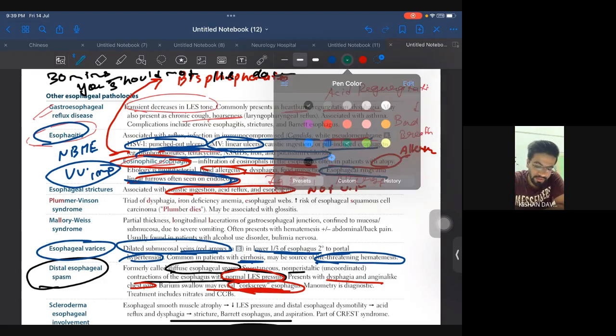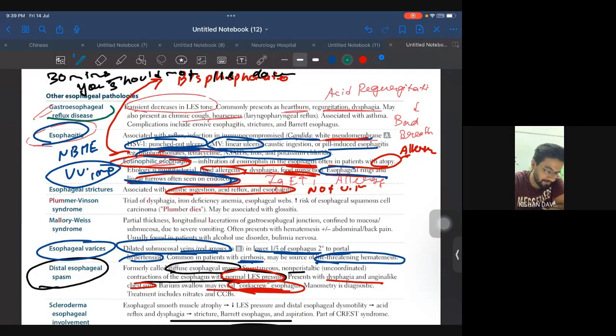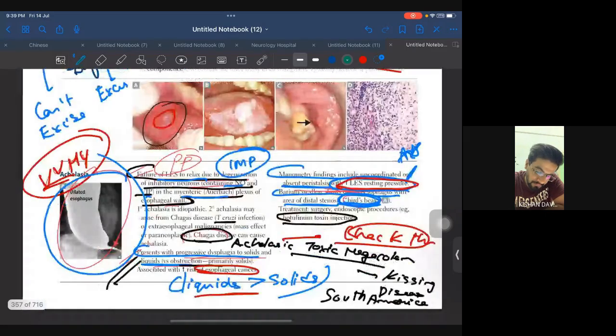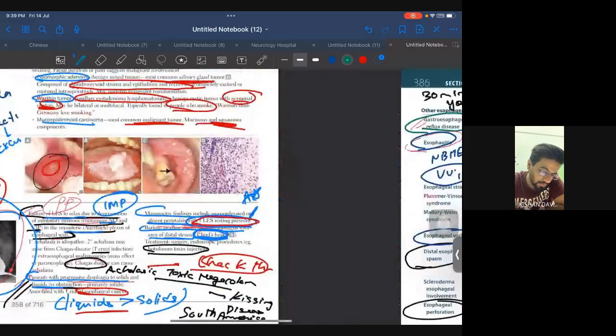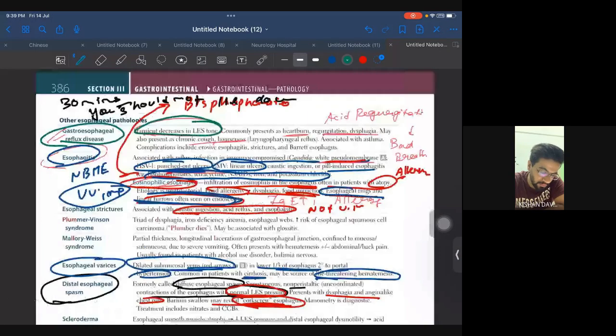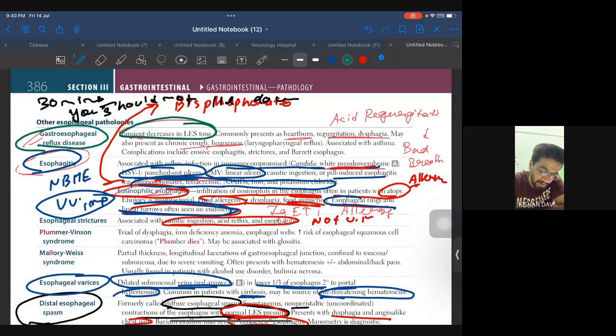Now coming to GERD, gastroesophageal reflux disease: transient decrease in LES tone. What is happening in achalasia? LES tone will be increased, I think. So here there is transient decrease in LES tone, commonly presenting as heartburn, regurgitation, dysphagia, and may also present as chronic cough and hoarseness. Associated with asthma. Complications include erosive esophagitis, strictures, and Barrett esophagus.